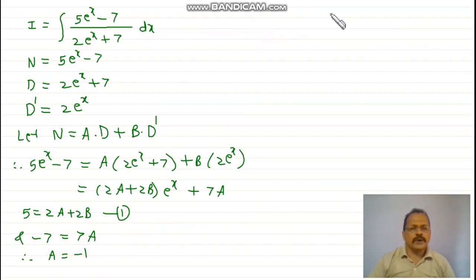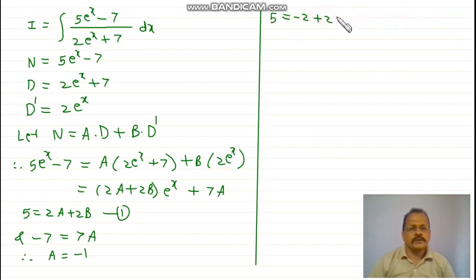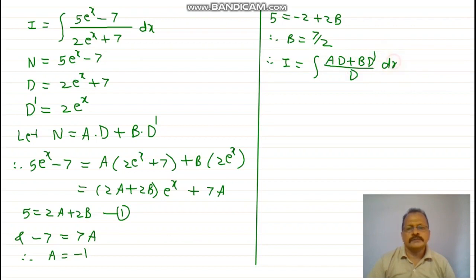Put this a equal to minus 1 in the first equation and get 5 is equal to minus 2 plus 2b, and therefore b is equal to 7 upon 2. Therefore I is equal to the integration of (a d plus b d dash) upon d dx, that is ax plus b log mod d plus c.